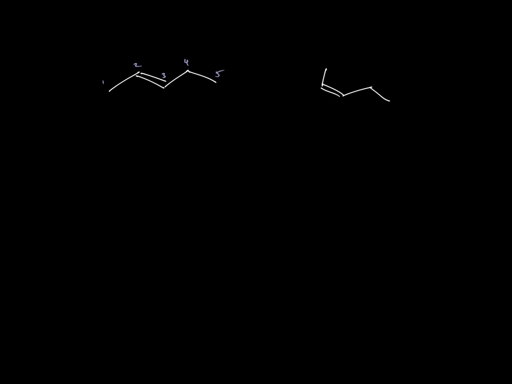If you do it from the right side, it would be at carbon number 3. The left side, it would be carbon number 2. So this guy would be called 2-pentene, or pent-2-ene. The one on the right, if we number the same way, 3, 4, 5, is also 2-pentene.